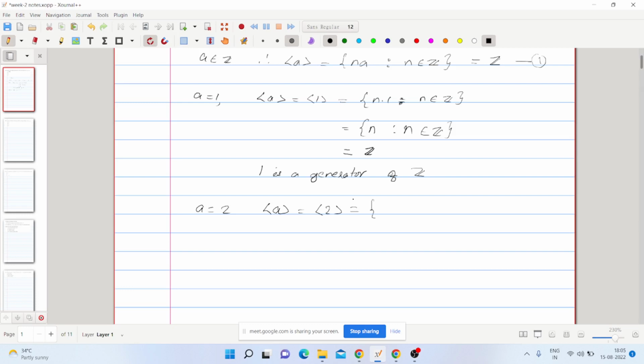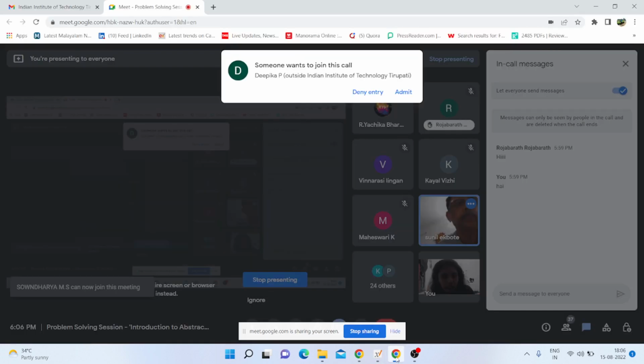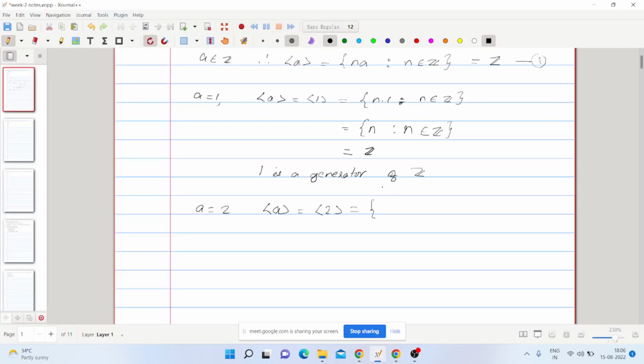By definition, this is the set of all na such that n is in Z. Here a is 2, so we get the set of all 2n such that n is in Z. Here we get all multiples of 2: -4, -2, 0, 2, 4, and so on.